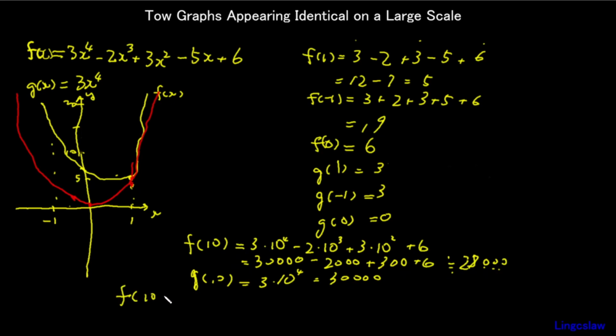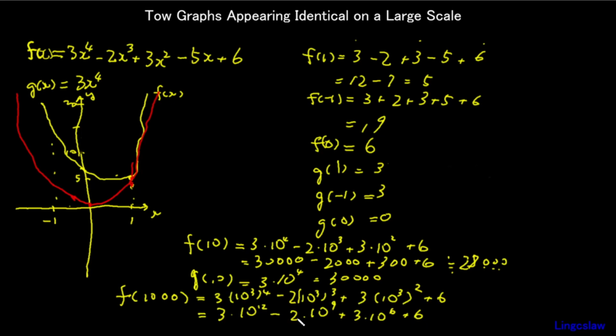However, f of 1000 equals... Because of 10 to the power of 12 and 10 to the power of 9, it is something like this.